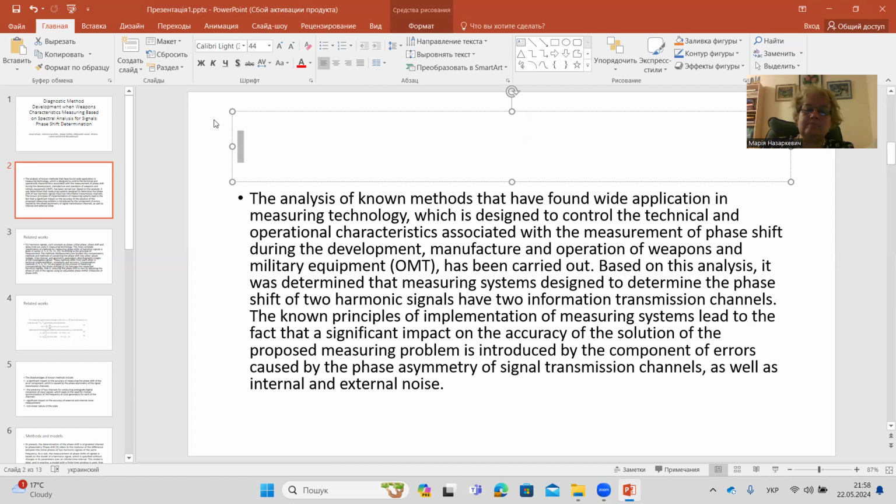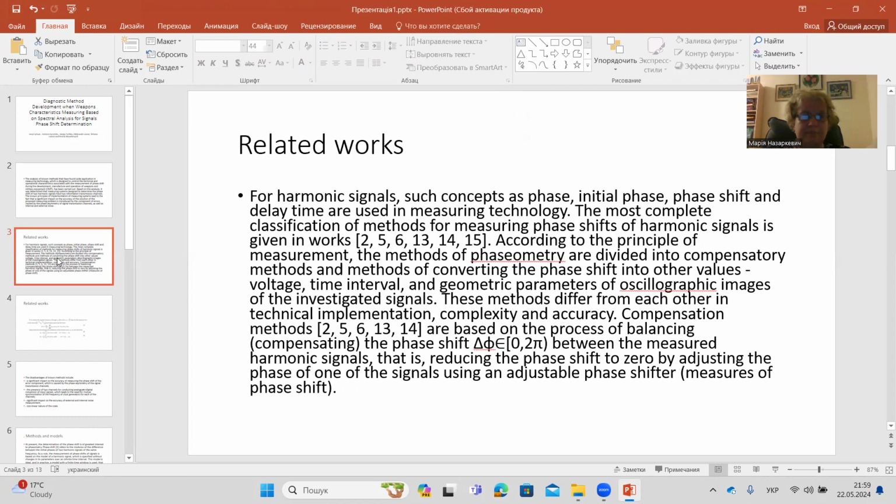The known principles of implementation of measuring systems lead to the fact that a significant impact on the accuracy of the solution of the proposed measuring problem is introduced by a component of errors caused by the asymmetry of signal transmission channels, as well as internal and external noise.